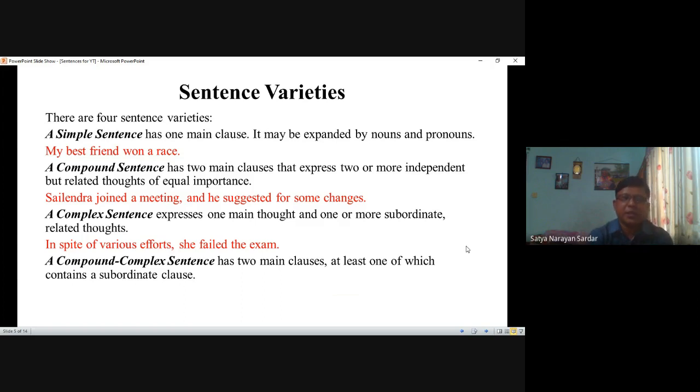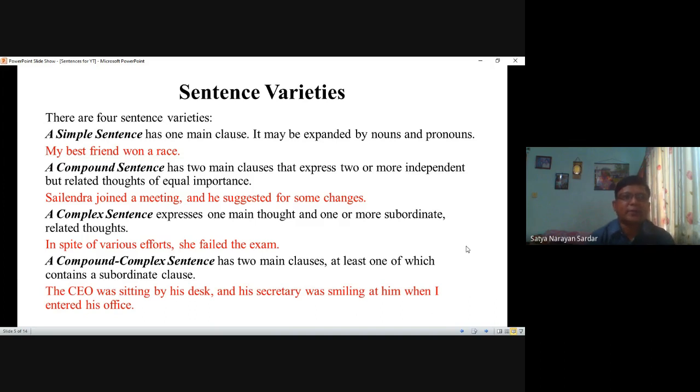Shailendra joined a meeting and he suggested some changes. A complex sentence expresses one main thought and one or more subordinate thoughts. In spite of various efforts, she failed the exam. I was talking about the compound complex sentence. It has two main clauses, at least one of which contains a subordinate clause. See the example.